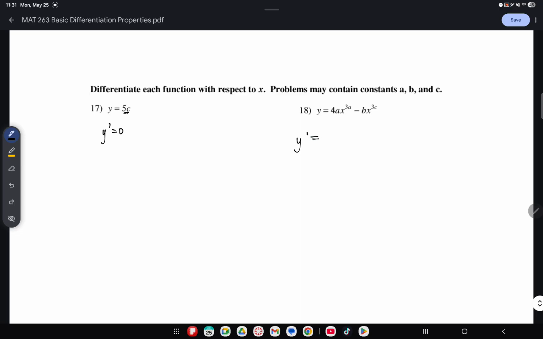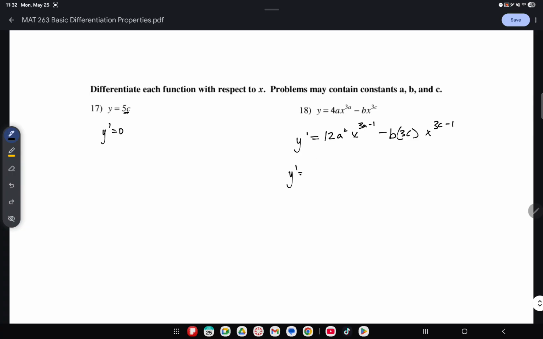All right, 4a, x to the 3a, we would multiply, so that would give us 12a squared, and then subtract 1 from the power, so whatever 3a is minus 1. And then we have some constants here, so then we'd have negative b, or minus b, times 3c, and then x to the 3c minus 1.